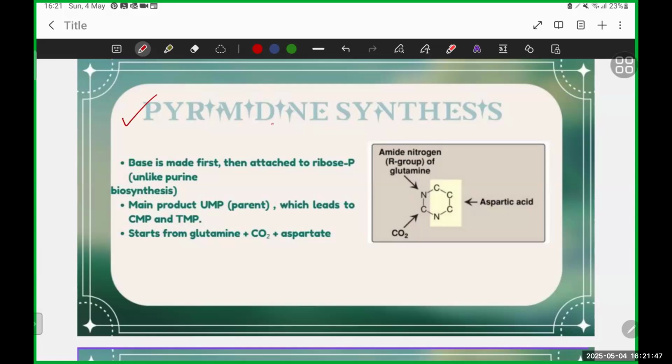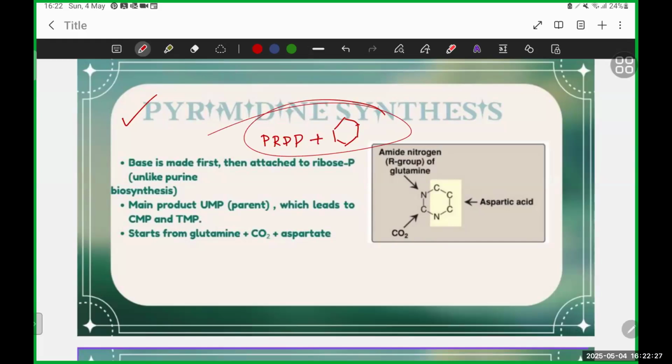In purine synthesis, you had the PRPP, and you kept adding the nitrogen and then carbon and all the ingredients slowly, and then you formed the ring on top of it, right? In pyrimidine, you make the base separately, you make the PRPP separately, and then you combine both of them, right?